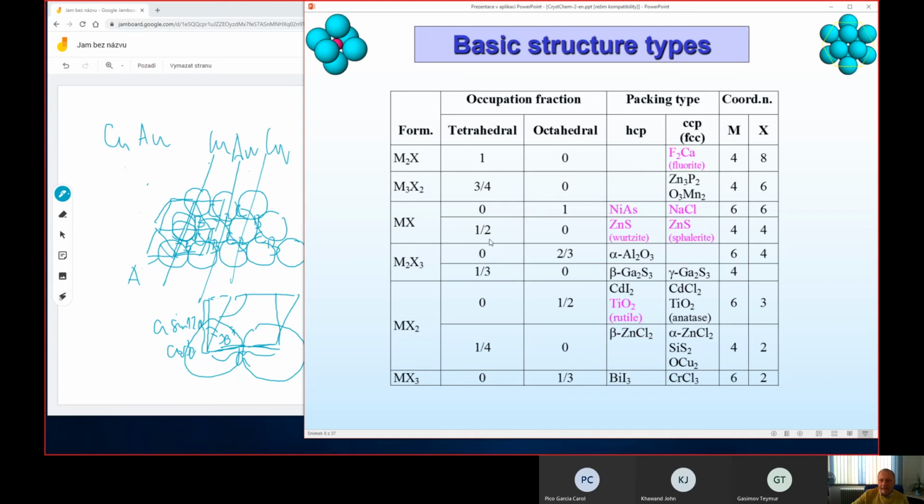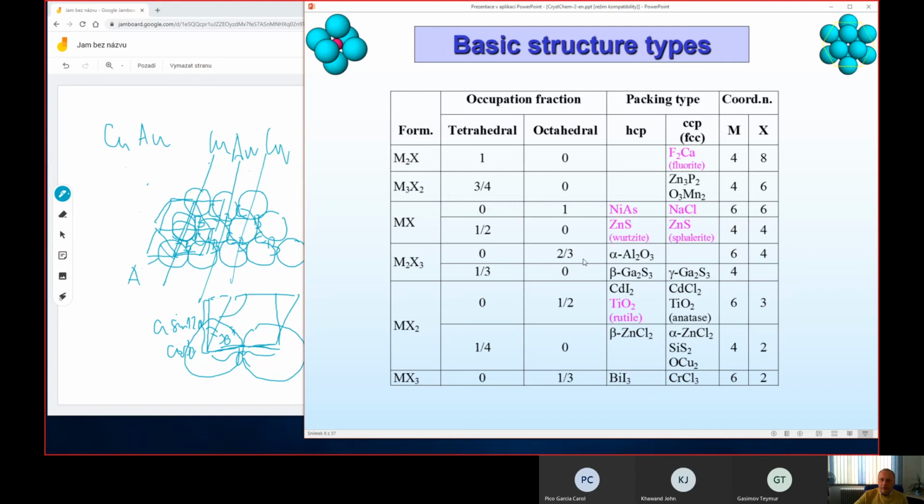Then, as mentioned, it is impossible to occupy all tetrahedral sites in hexagonal close-packed array. So if we occupy only one half in an ordered manner, we obtain the wurtzite and sphalerite or zinc blende structures. So this corresponds to hexagonal close packing of sulfur atoms, and this corresponds to a cubic close packing, and one half of tetrahedral positions is occupied by zinc atoms.